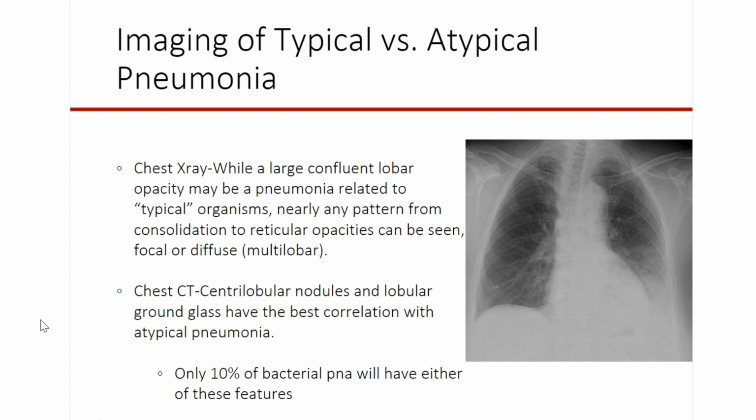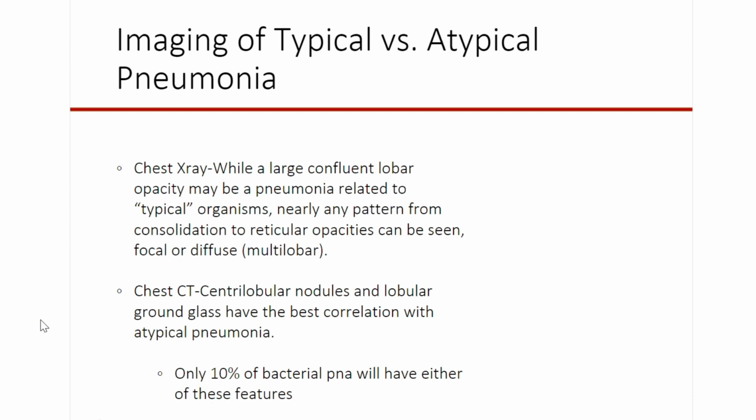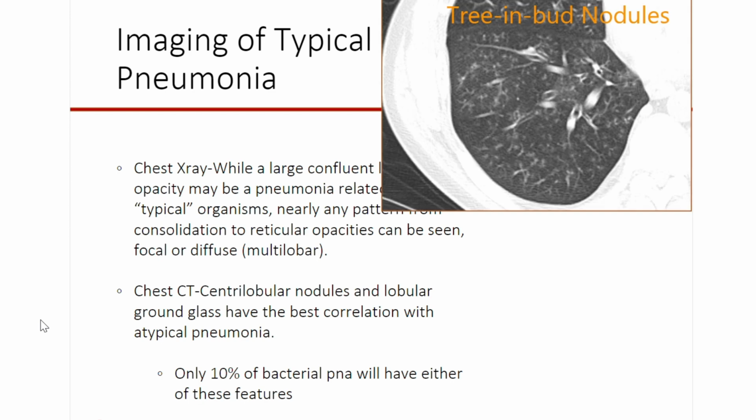Now, I have a bullet down here that says 10% of bacterial pneumonia will have centrilobular nodules and ground glass associated with it. We know that we're not going to be 100%, particularly when the infectious disease people are asking me, what fungus do I think this is, all right? And that's why I tell them, this is a guess, but I think this is going to be an atypical organism such as mucor.